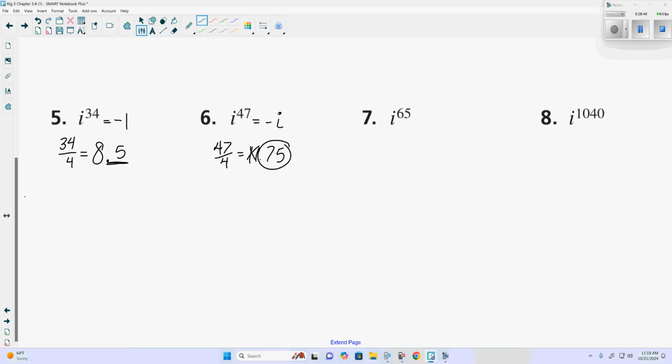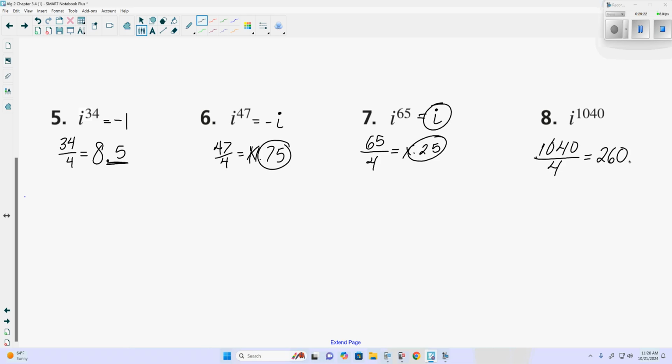Our next one is i to the 65. We had something 0.25. So i to the 65th reduces to i. And lastly, we have i to the 1040. 1040 divided by 4 is 260.